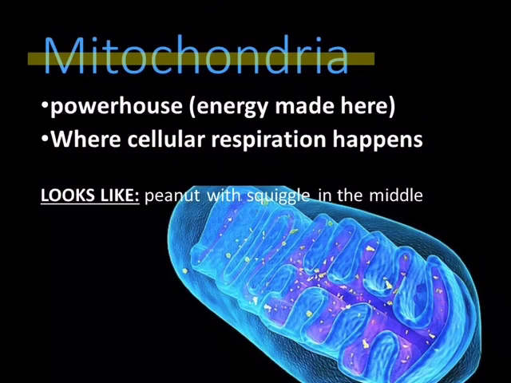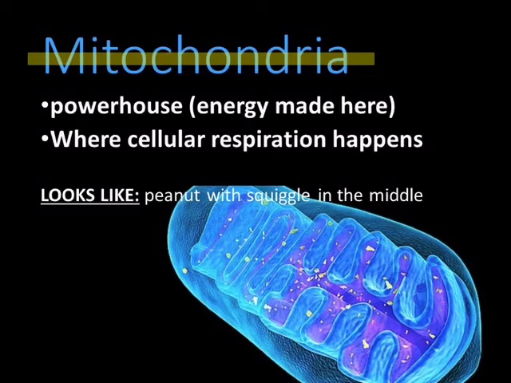Next is the mitochondria. The mitochondria is a really important organelle. It is the powerhouse of the cell. It's also the place where cellular respiration happens. So every single cell in your body is creating energy using this process called cell respiration.